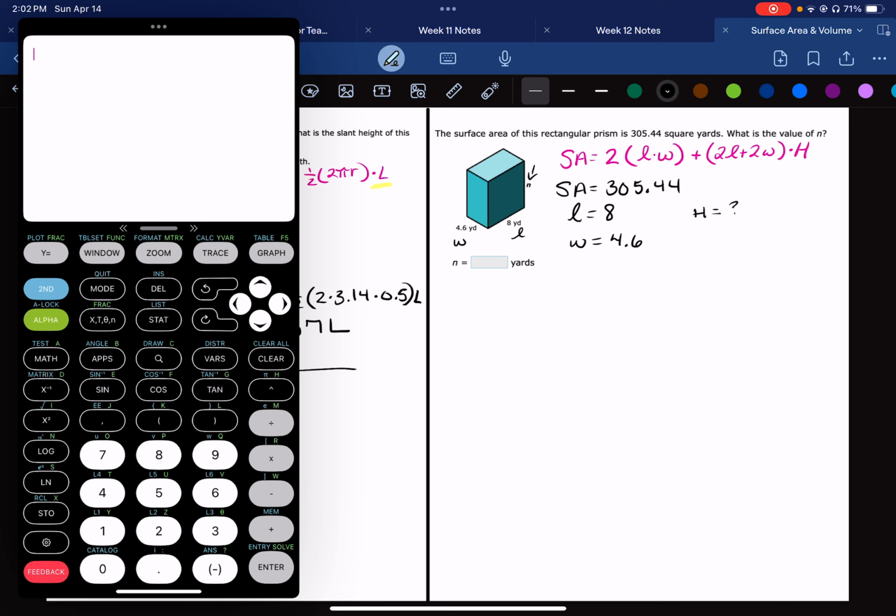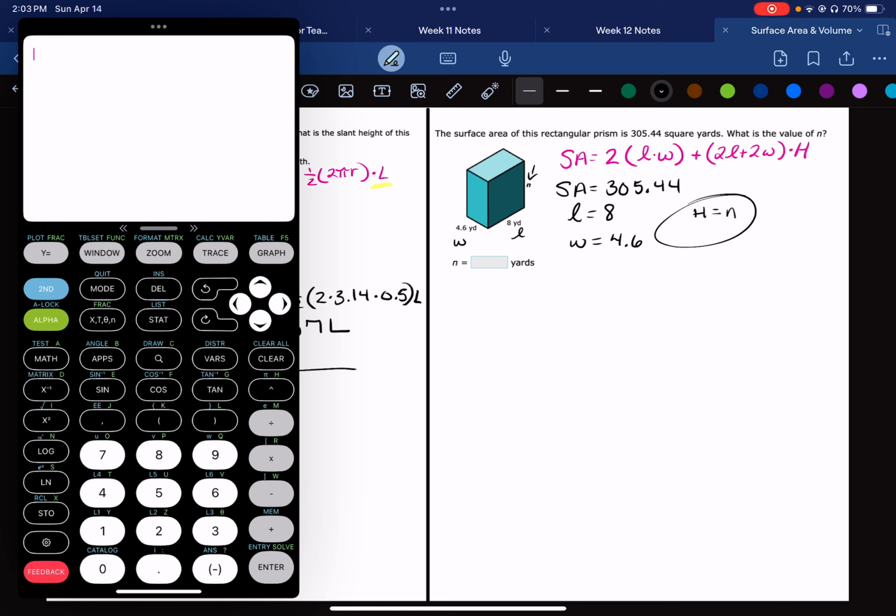They're calling it n in this problem, so if you want to replace the question mark with n, that is 100% okay. We'll say let h be n. This is the piece of information that we're looking for. So we're going to rewrite our formula, replacing the SA, L, and W variables with the values given in our problem.